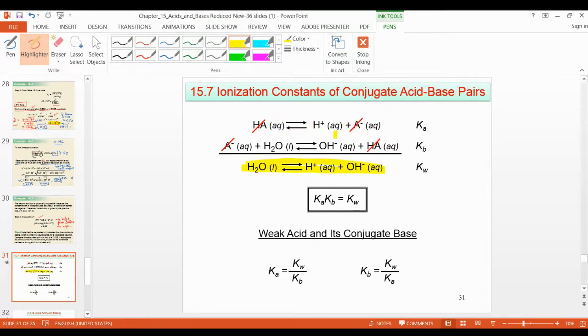Then the A minus in the presence of water reacts to give OH minus, and you get HA back. So this is the acid constant, this is the base constant, and this is the water constant. You only have to memorize this: weak acid and its conjugate base. Kw you know, and the Ka value is given, so you can calculate Kb.